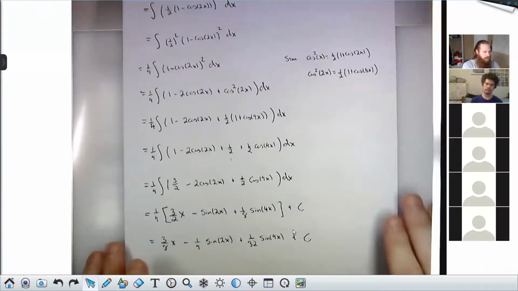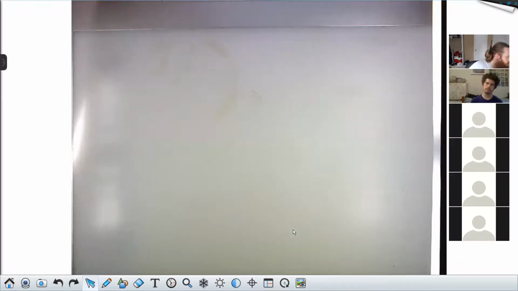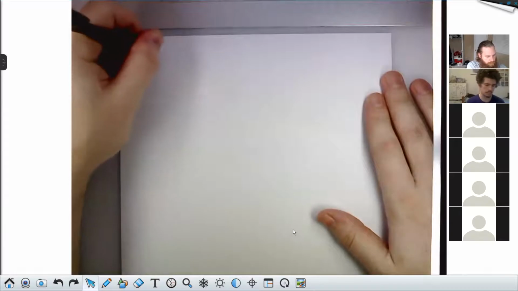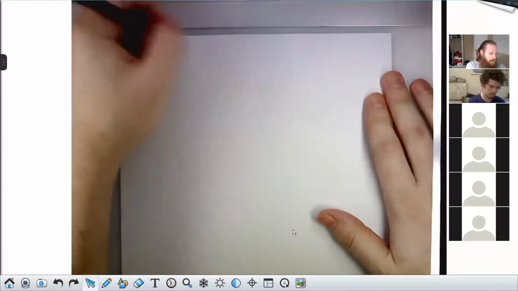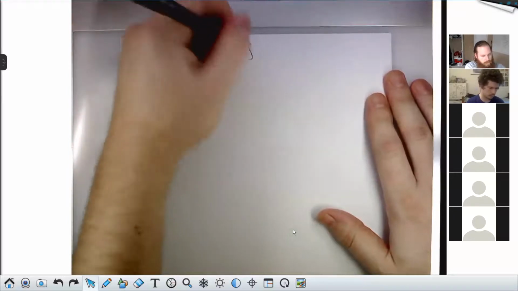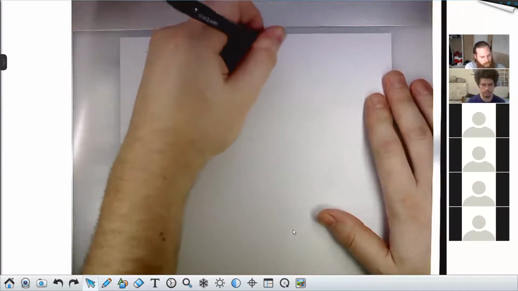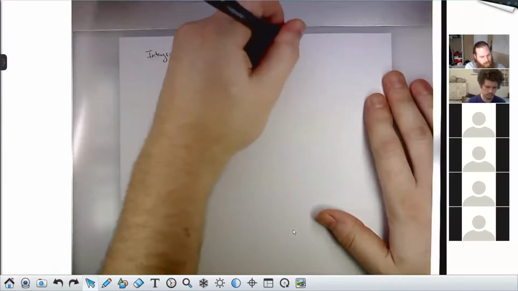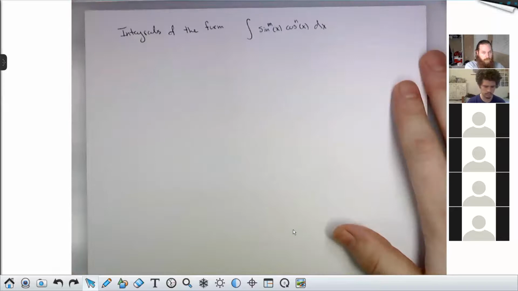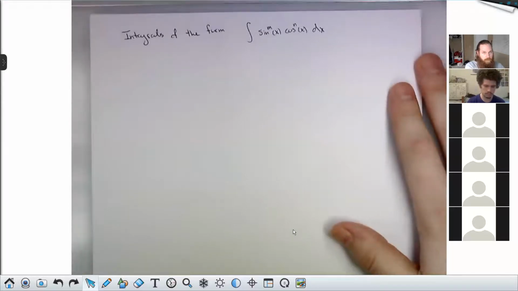All right, I am going to change the page now, and we are going to summarize everything we just discovered. So integrals of the form, we've got a strategy that depends on the parity, and we have two cases.